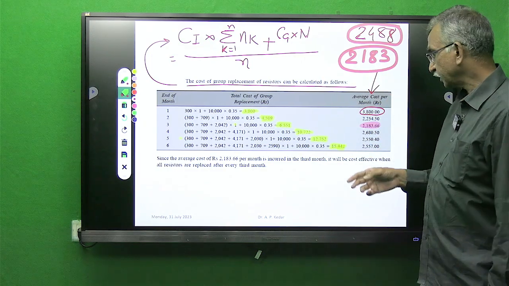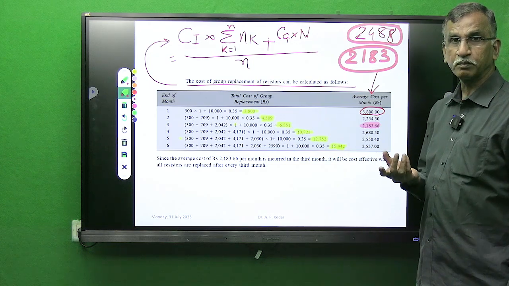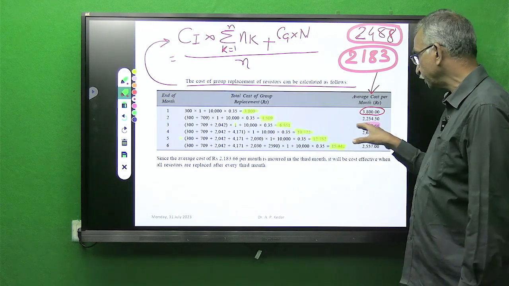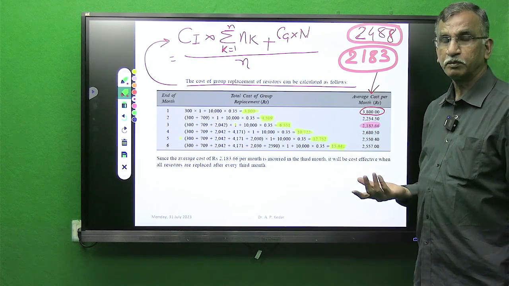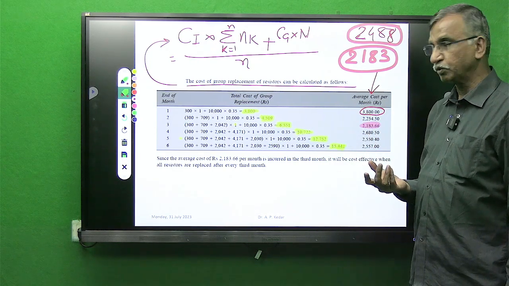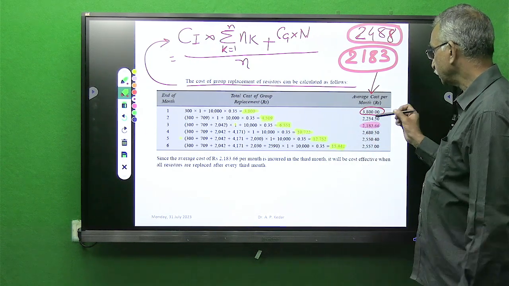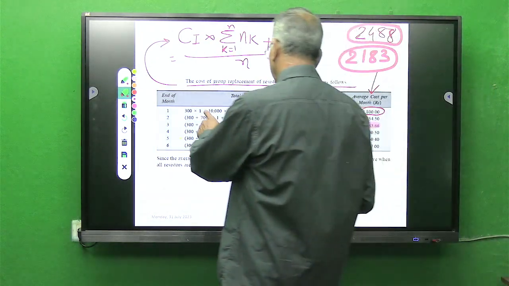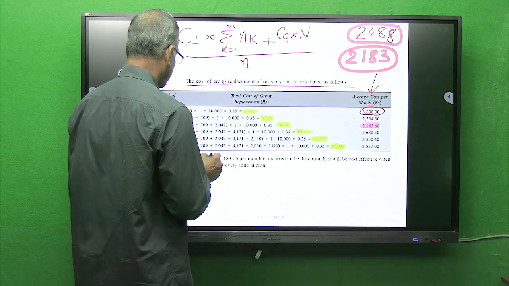Second, when to replace the components in a group? The month in which it is minimum is the answer. It means that in the first month we will replace the components. How many components? 300 components.